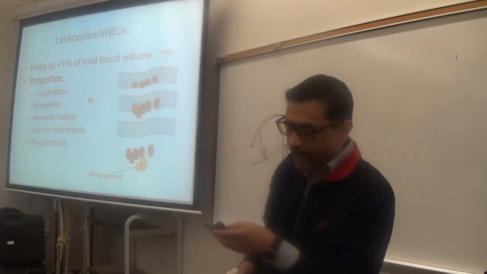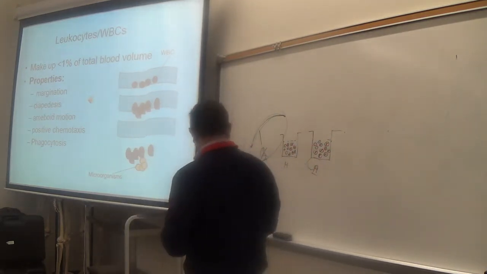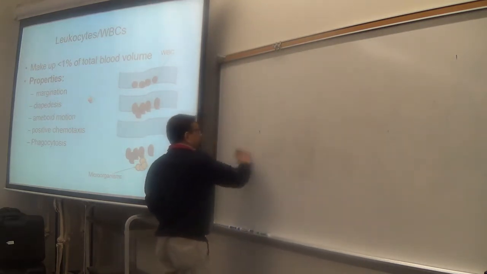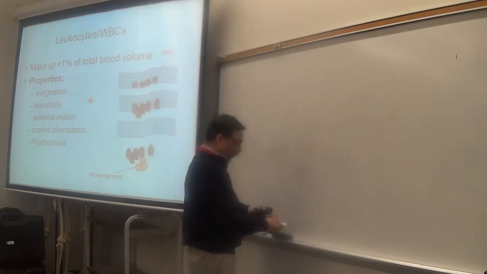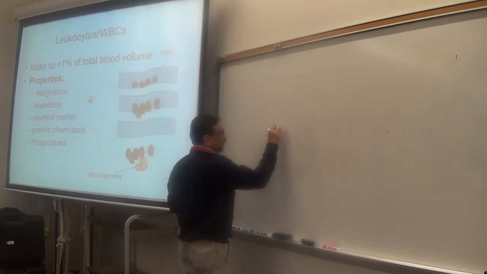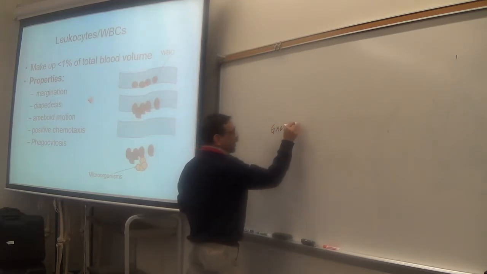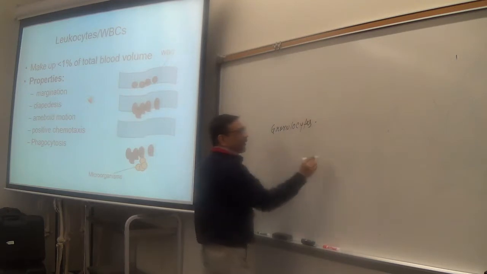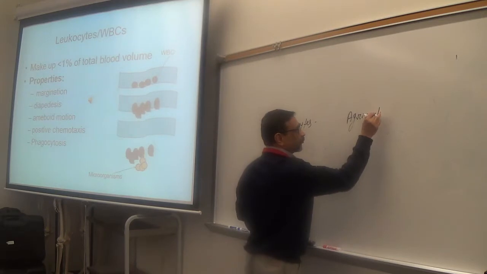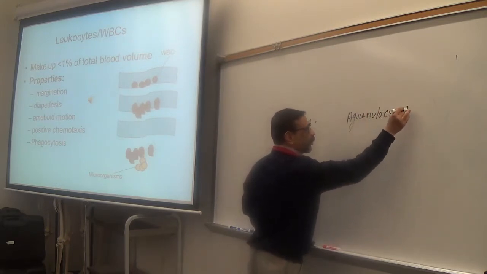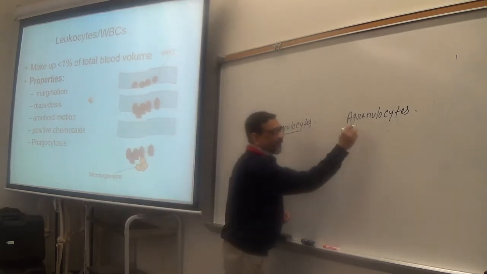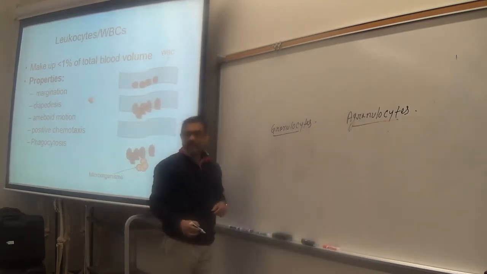Now we'll talk about the white blood cells, or WBC. First know that white blood cells are two types: granulocytes and agranulocytes.